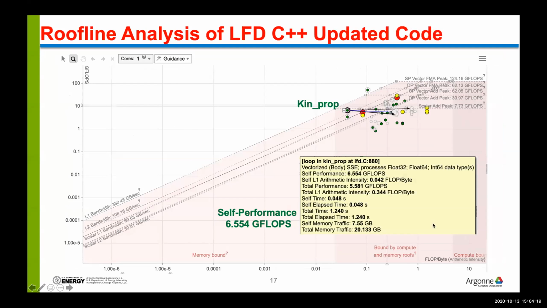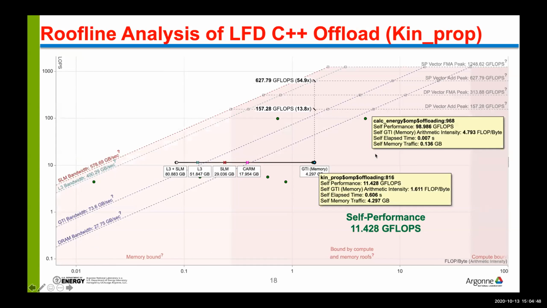Now this shows the code after refactoring and vectorization, and we see that the Roofline GFLOPS went up from 2 to 6.5, and the data points in the plots have moved closer to the Roofline. This happened because of better data locality and vectorization of the code.